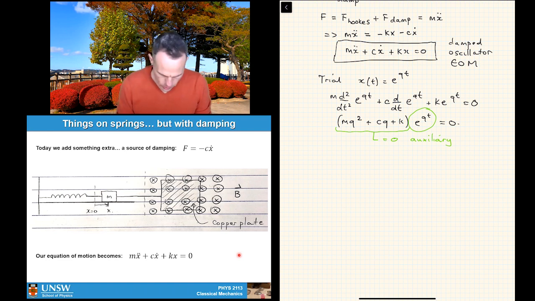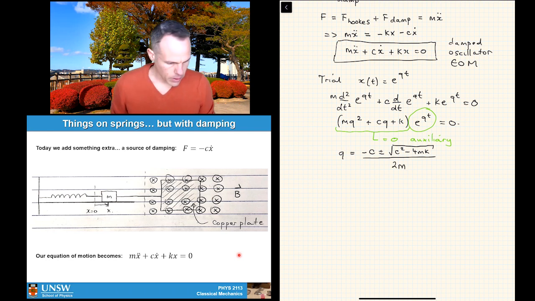And the solution to that looks a little bit like this: q equals minus c plus or minus the square root of c squared minus 4mk, on 2m.